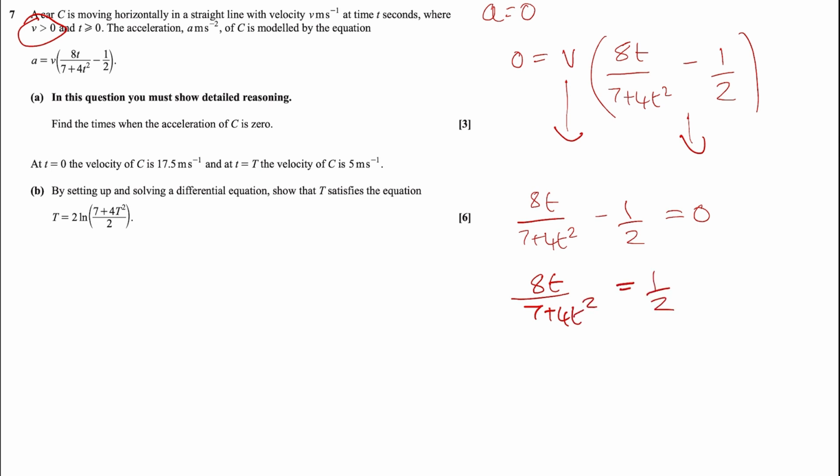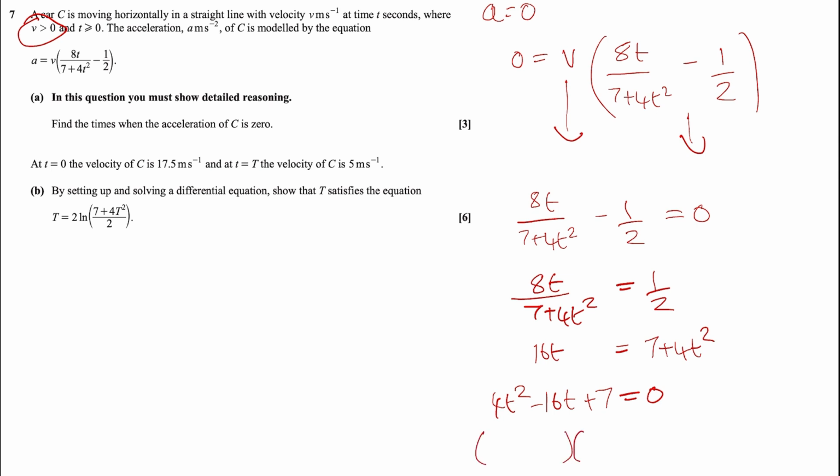Then cross multiplying, I'm going to get 16t equals 7 plus 4t squared. Gathering everything to one side, we get 4t squared take away 16t plus 7 equals 0. Hopefully this one factorizes; if not, you can put it into your calculator.